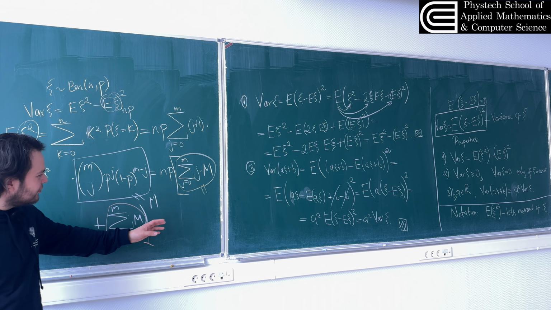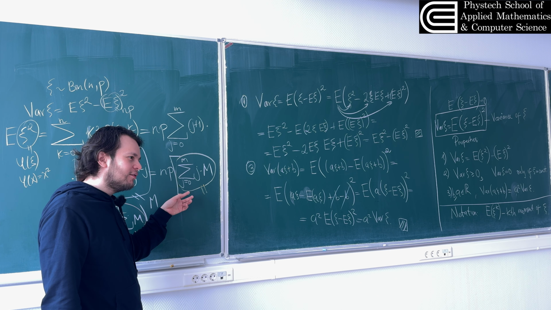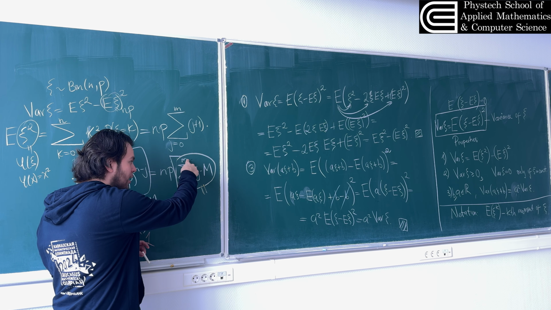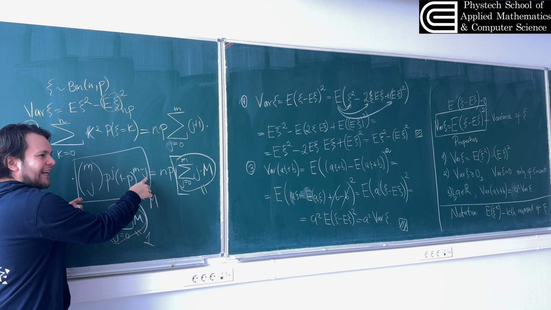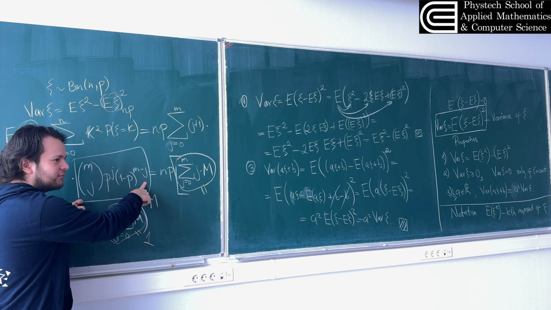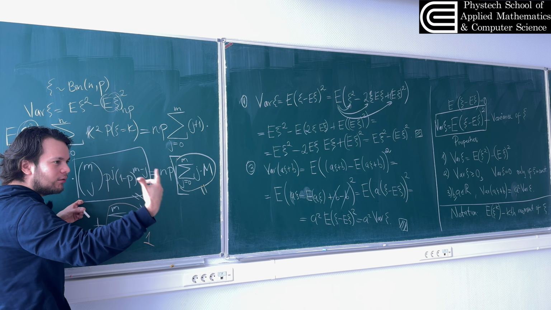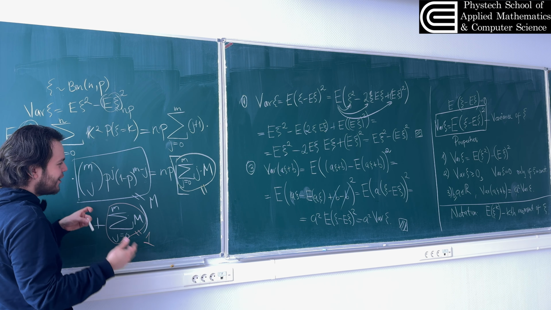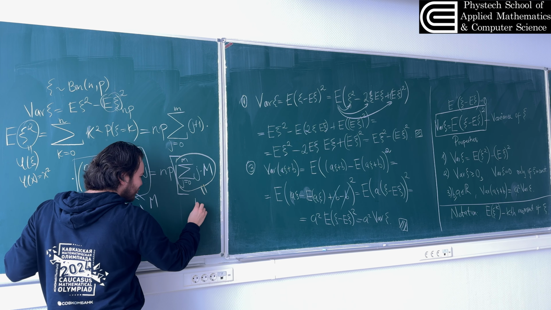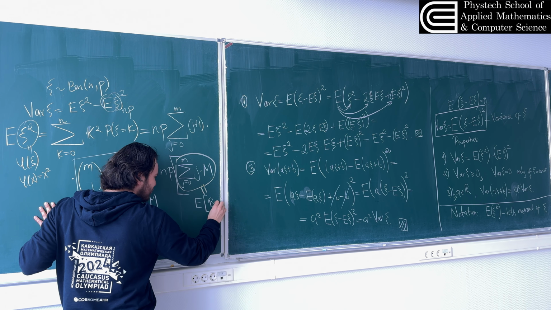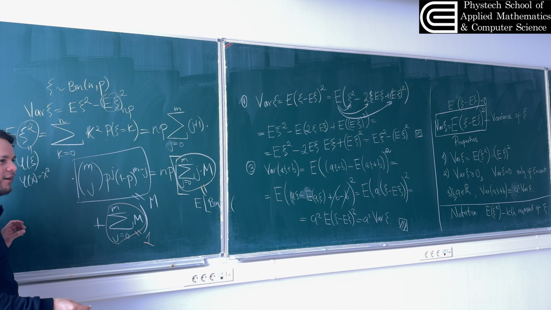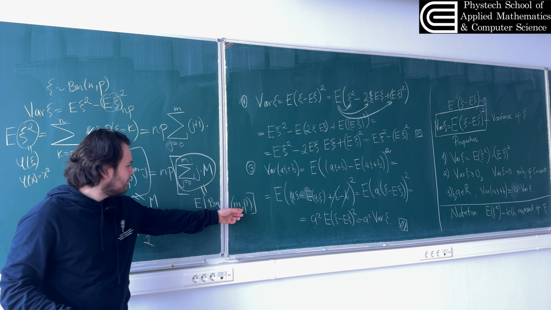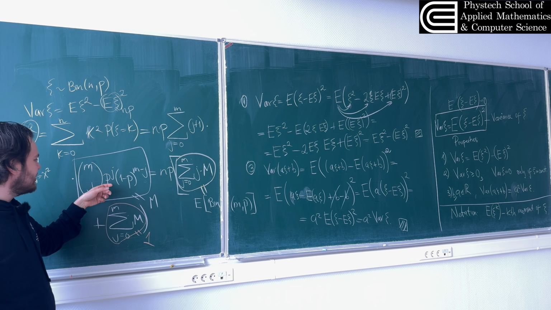So we already solved this at the beginning. Look, what do we have here? We have the sum from 0 to m of j multiplied by this. This is the probability that psi equals j, where psi is a random variable with which distribution? So this is equal to the expected value of the binomial distribution with parameters m and p. So m is the number of trials and p is the probability of success.